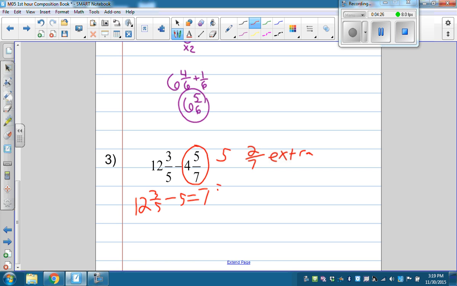Yeah. And then you have 2/7 extra, and then the common denominator. Oh, I misread your writing. Yeah. So add the extra back. And then show the plus the 2/7.